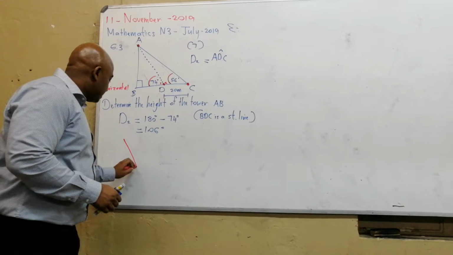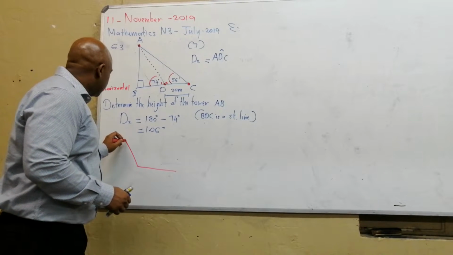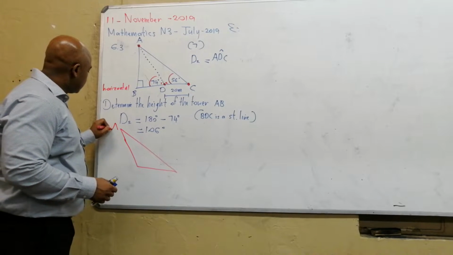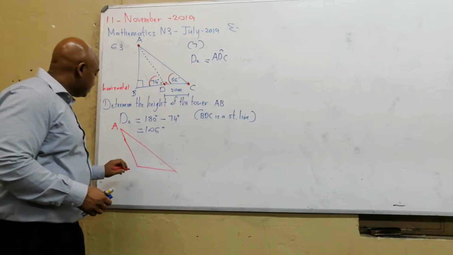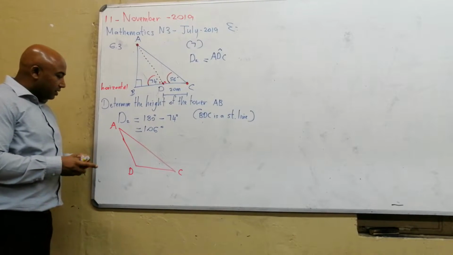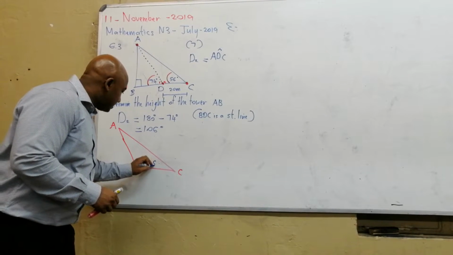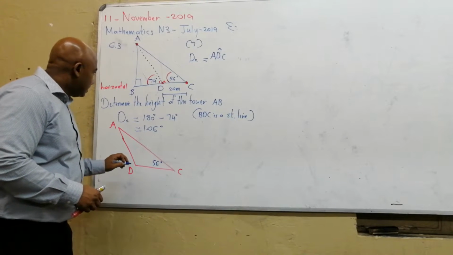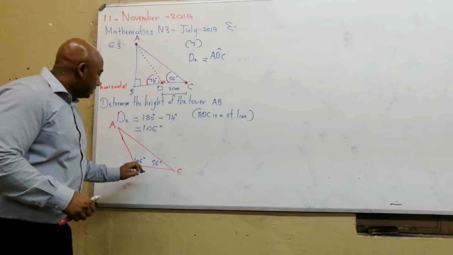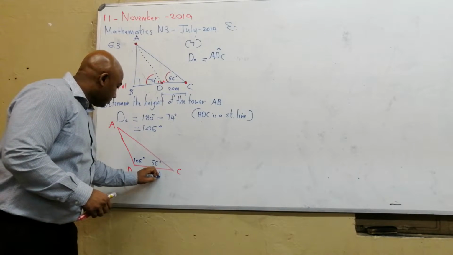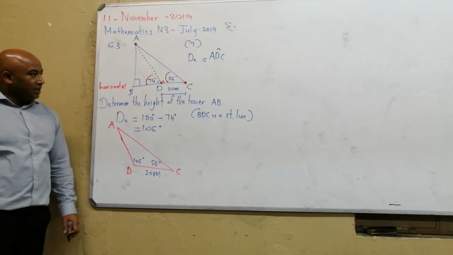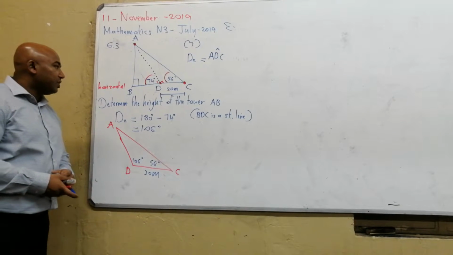We have a triangle going like this here. Okay, we have 56 degrees here. This one is 106 degrees, and this side here is 20 meters. Alright, so now what can I find?